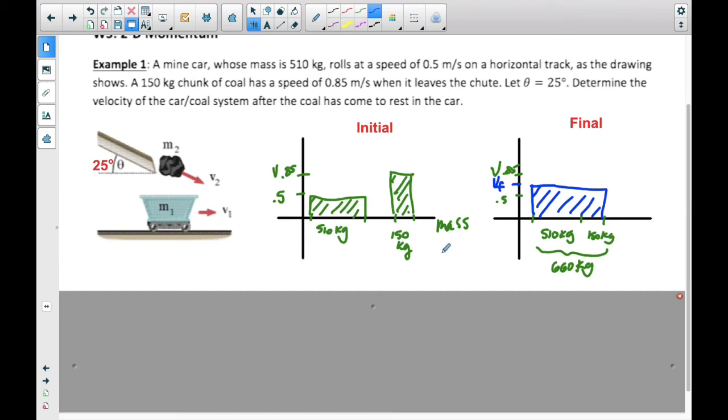Now the piece that is new is this 25 degrees. And so we know that velocity is a vector, and you can see the direction this velocity is going. Well, hopefully you also understand that if that's going in that direction, it's really only the v sub x that we need. We don't need the v sub y. That's not pertinent to us. So all we need is the v sub x.